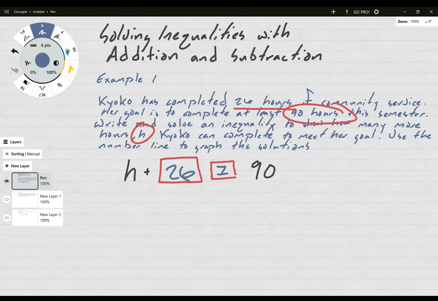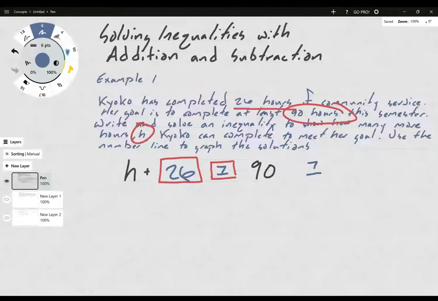This is the greater than or equal to sign because she can at least meet the 90-hour minimum, which is the equal to, or she can complete more hours than 90. So the greater than or equal to sign is going to work for this one. So now we have our inequality.